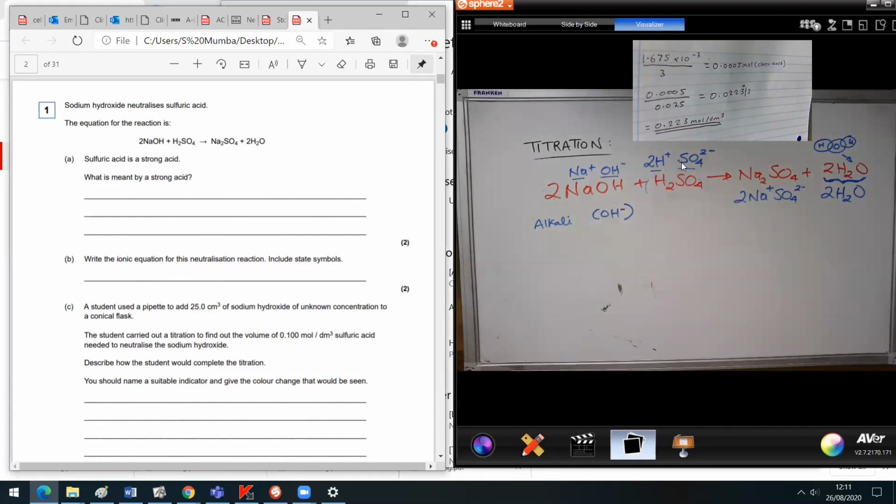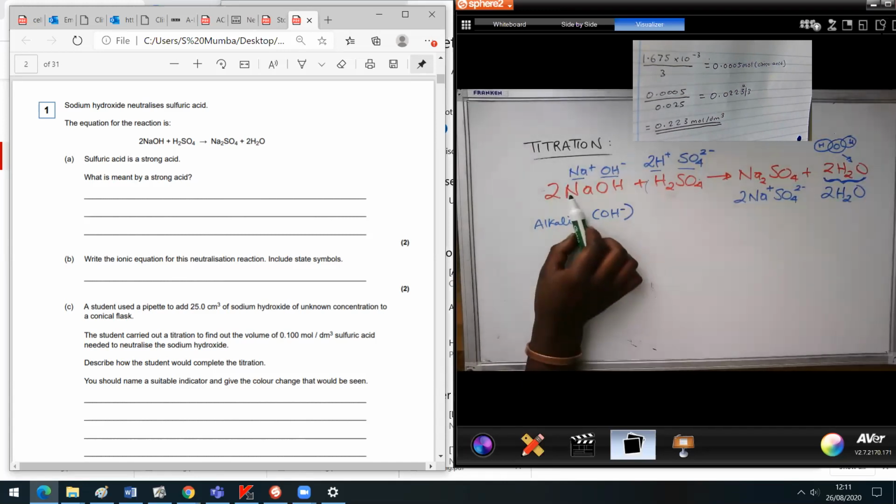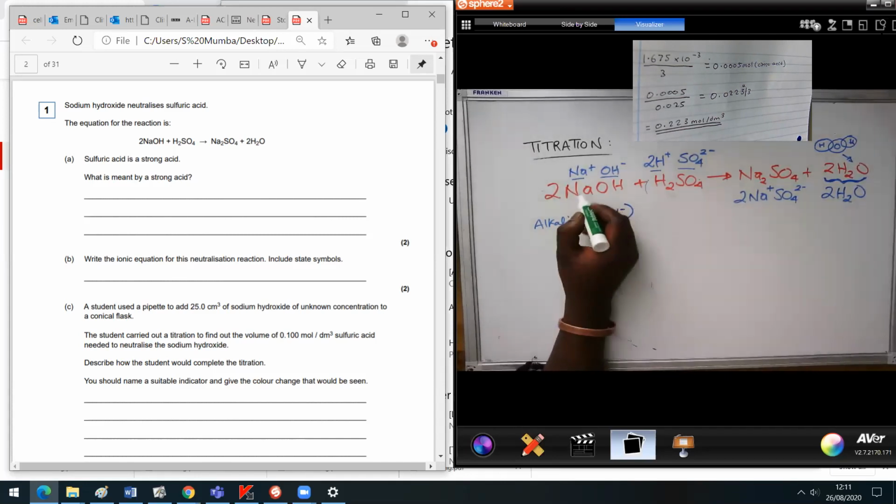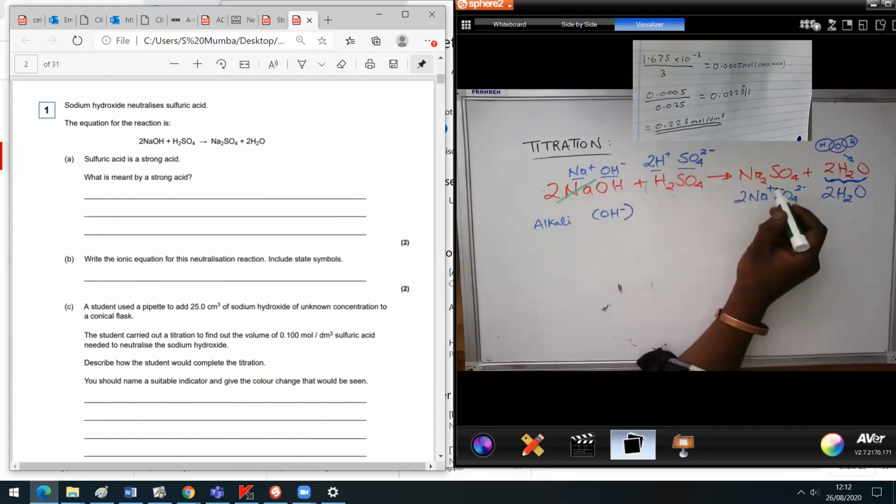Correct, you're absolutely right. So now the next thing I do is cross out what appears on both the left-hand side and the right-hand side. Hopefully you can see that these 2 sodiums cross out with these 2 sodiums here.